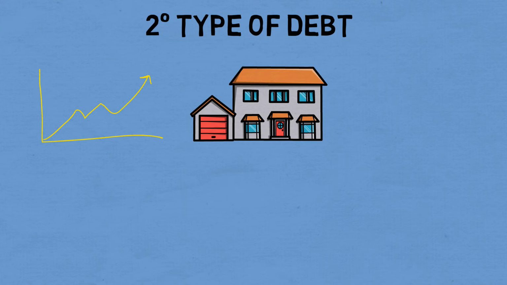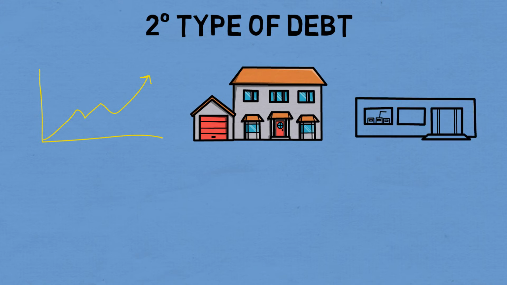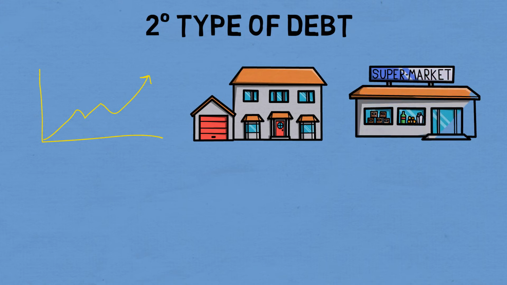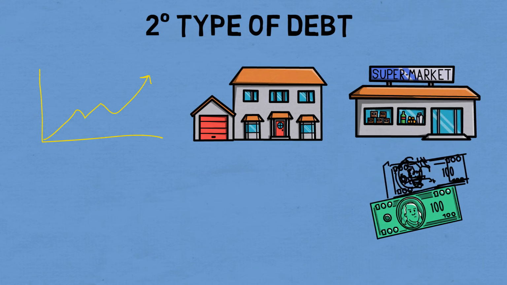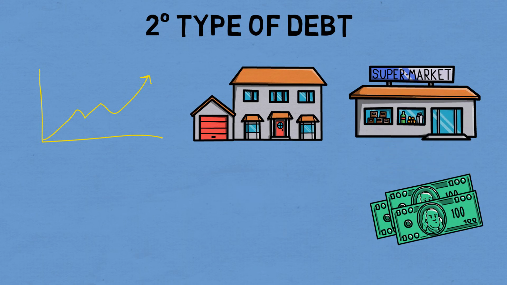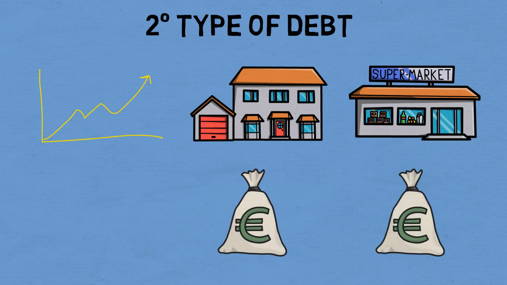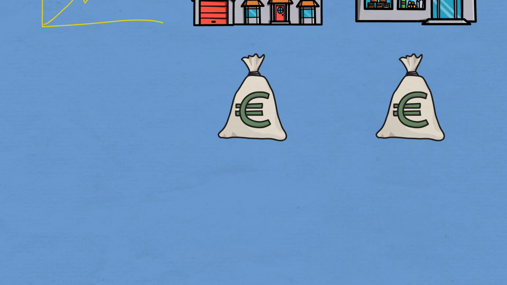That's because the latter, in the long run, will probably increase its value. Another example is a company that wants to expand. The company can go to the bank and ask for credit, and therefore have a debt to expand its commercial activities. By doing this, the company will increase its wealth, and at the end, it will be able to repay the debt with the money generated with the debt.